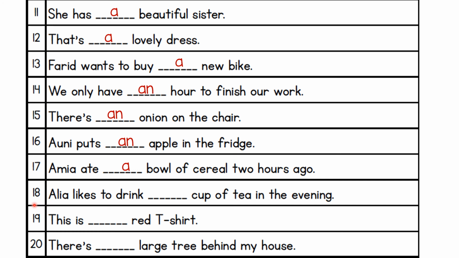Number 18, Aliyah likes to drink a cup of tea in the evening. Number 19, this is a red t-shirt. Last one, number 20. There's a large tree behind my house.